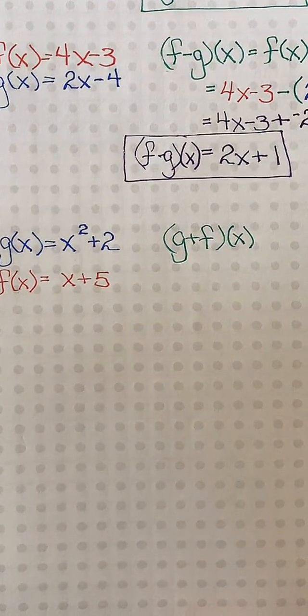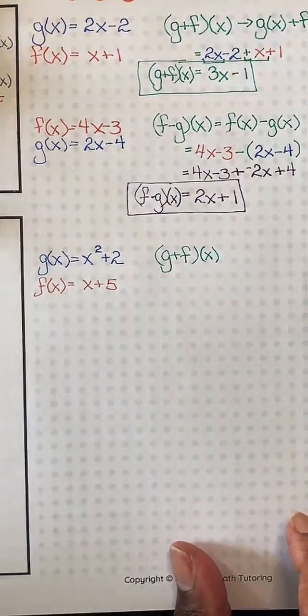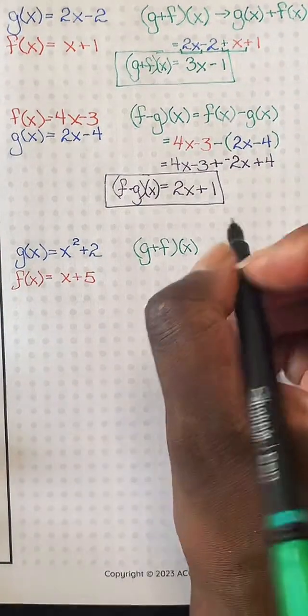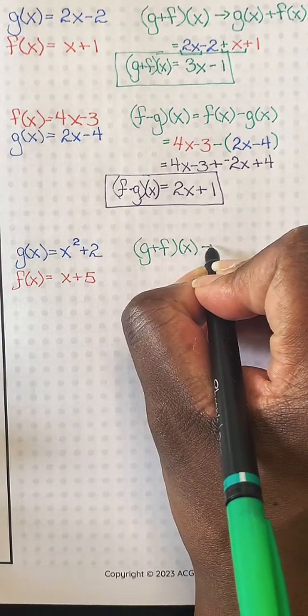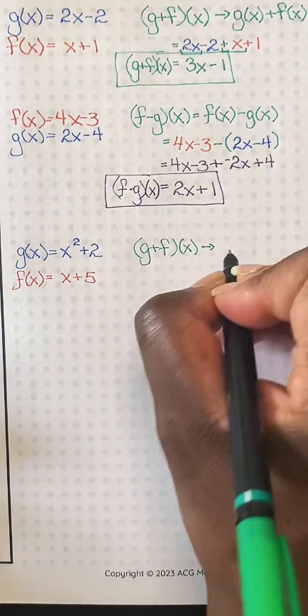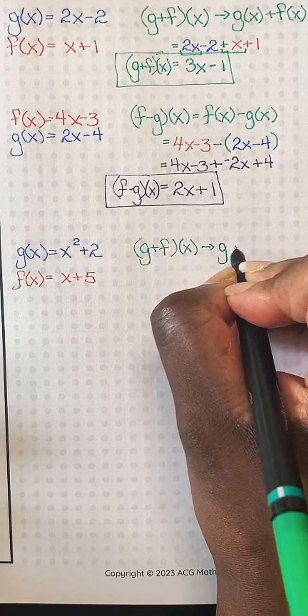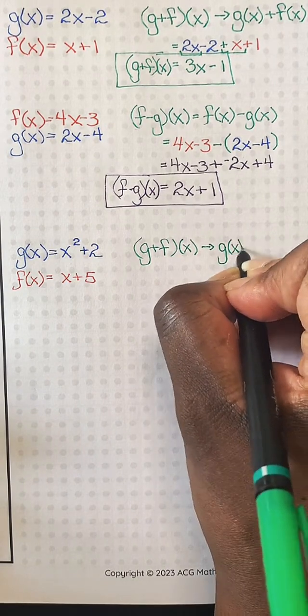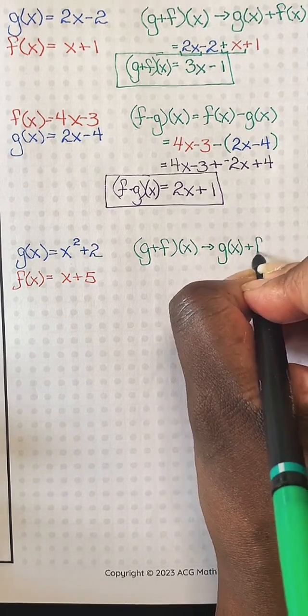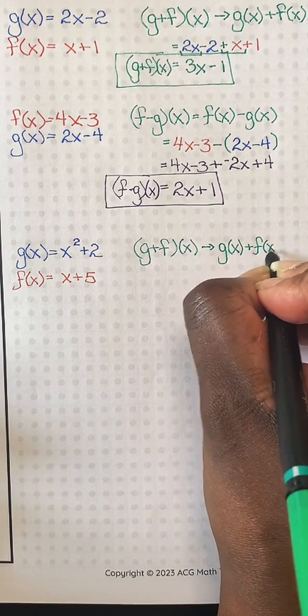So for those that are just coming on and you're like, how did that get in there? How do you do that? Well, this is what you're basically doing. You're taking your g function and you're going to add it to your f function.